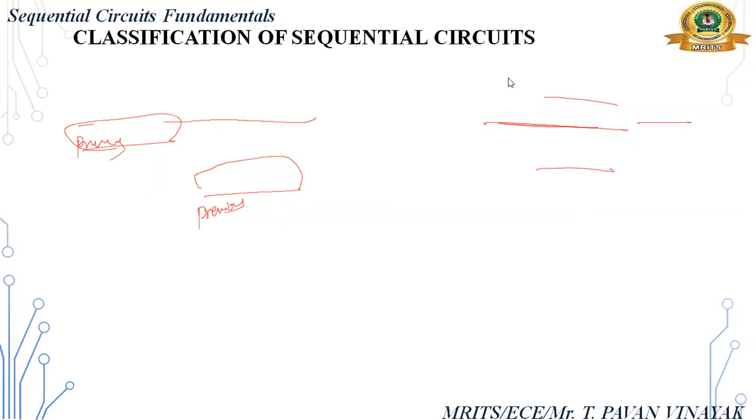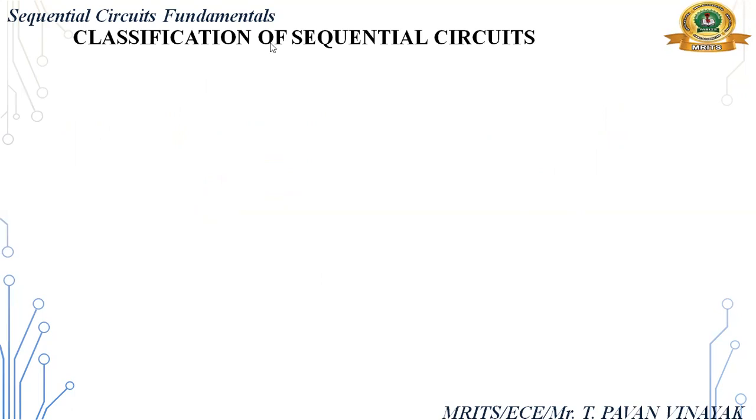Next, classification of sequential circuits. Sequential circuits are classified into two types, synchronous and asynchronous. So what is synchronous? Synchronous means the memory element will respond at a particular time only.